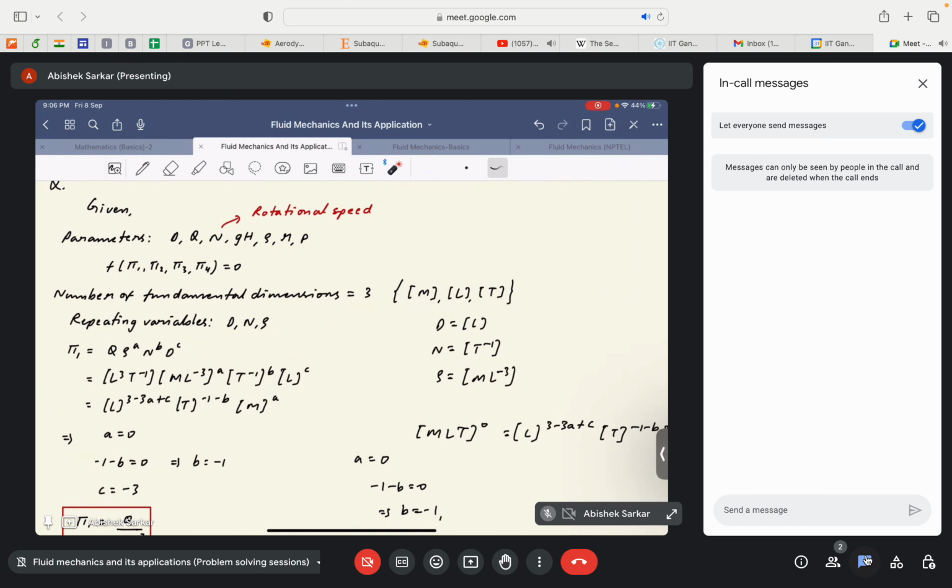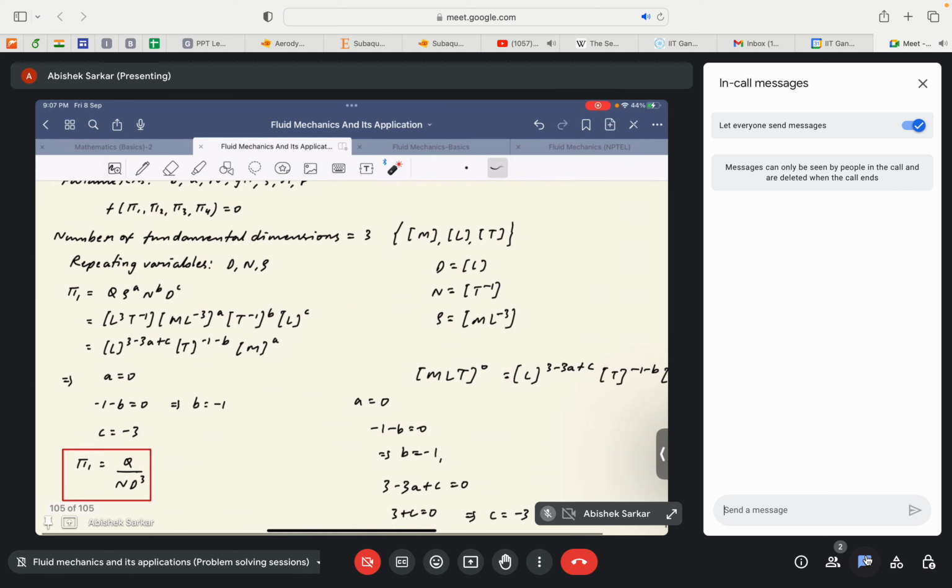These four remaining flow parameters will each incorporate themselves with the repeating variables and form a non-dimensional number. So this is the concept of repeating variables. Let's just take this example so that your concept becomes quite clear.